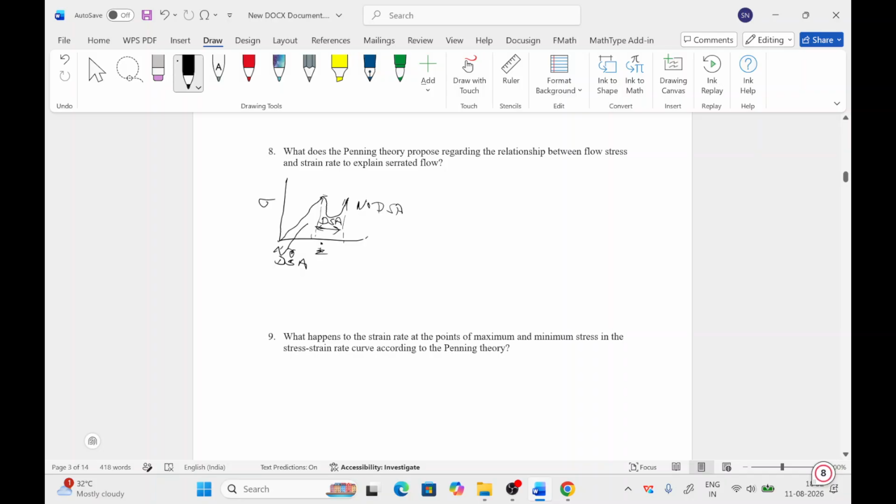Okay. So we can write A, some point, and this is point B, and then let's say this point is C. So between A and B, one point is there where, let's say if we apply the strain rate epsilon A, which is between the A and B point.